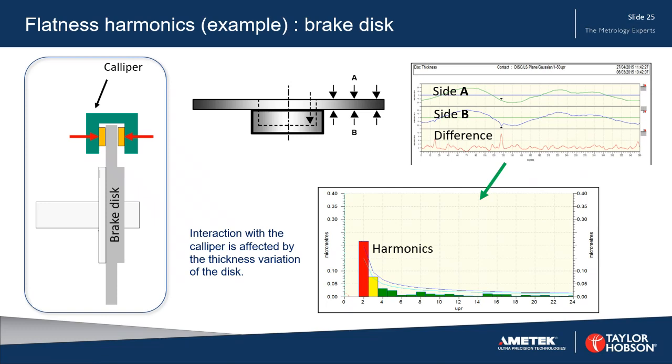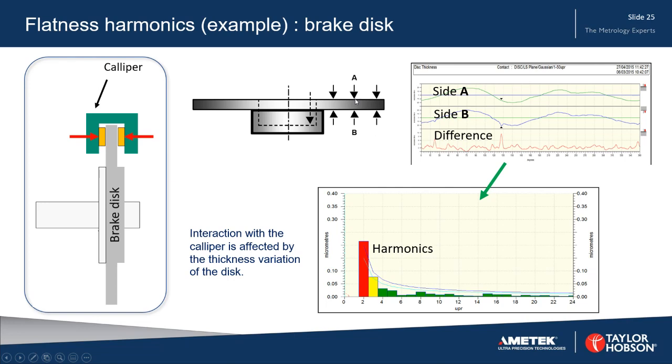Different measurements here. These are the flatness measurements, and we're considering here a brake disc where we have a caliper on the brake disc, and the interaction with the caliper of the brake disc is affected by the thickness of the brake disc. So what we're trying to measure here is the thickness variation.